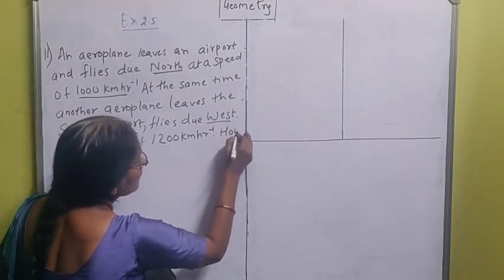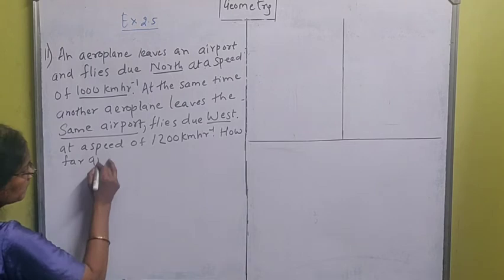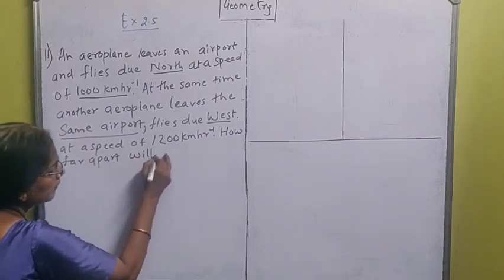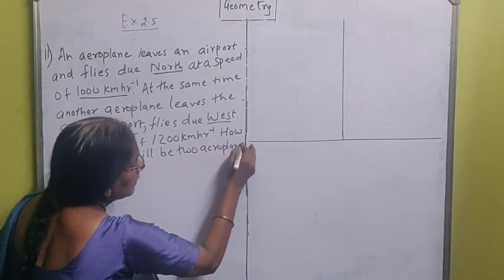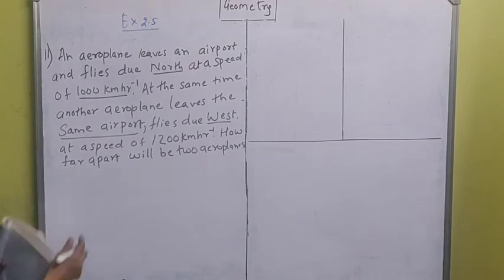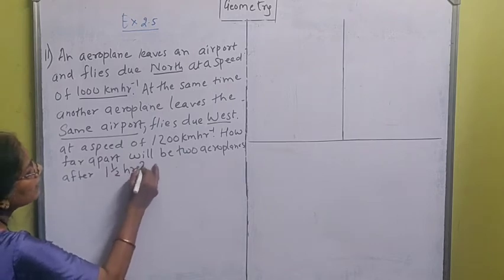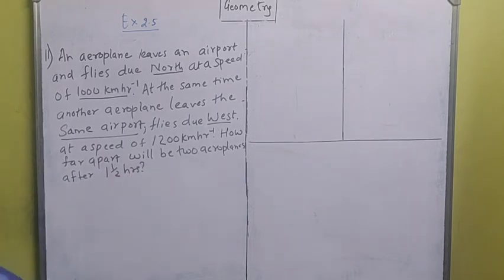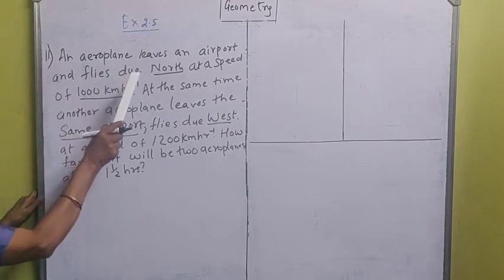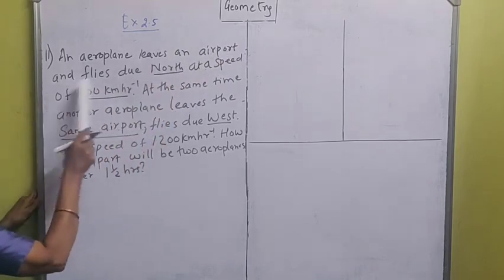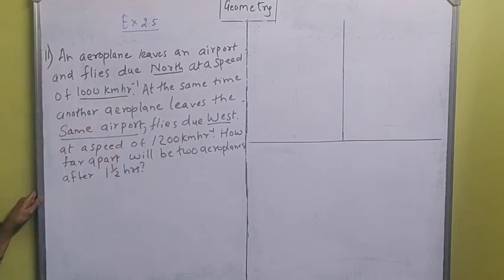And what is the question asked? How far apart will be the two aeroplanes after 1.5 hours? So what is given here? One aeroplane is leaving the airport flying towards the north direction and its speed is 1,000 km per hour.